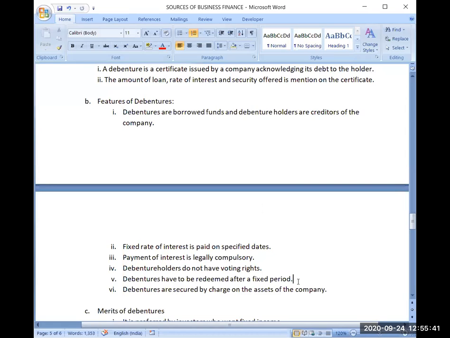Company is borrowing. Company is borrowing money from the public. Now, when you are taking loan, you have to tell the purchaser of the debentures that after how much time I will be repaying back your loan. What will be the date?